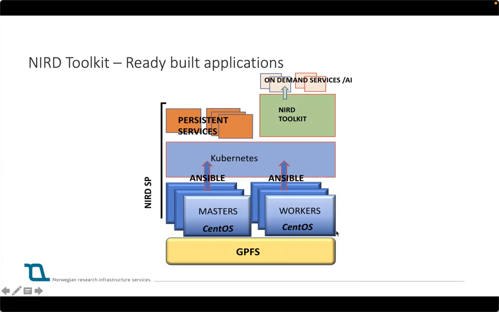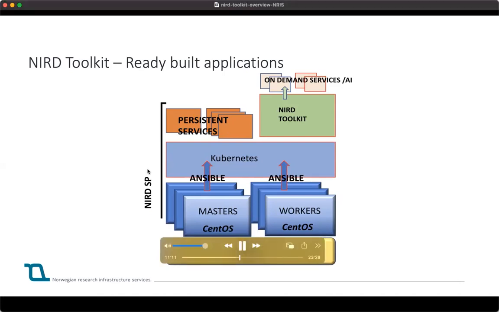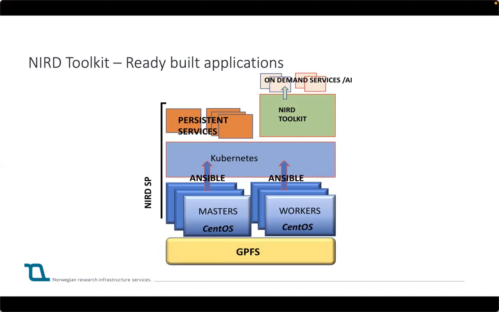We also have some other persistent services that are project-specific services. A project can ask if they have a web service, for instance, that they would like to have. And the NIRD Toolkit can be enabled for all projects.